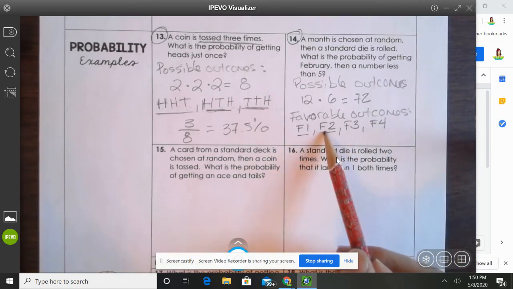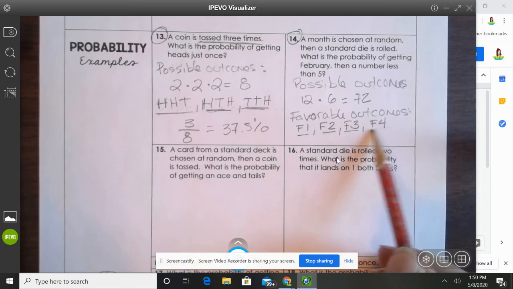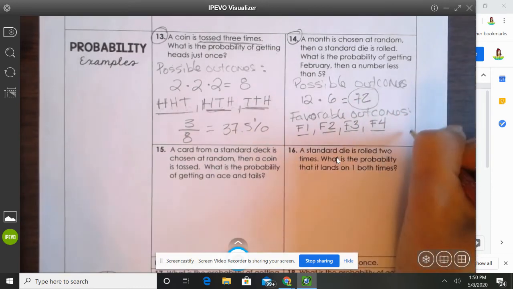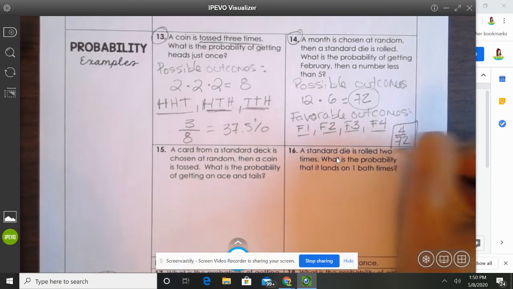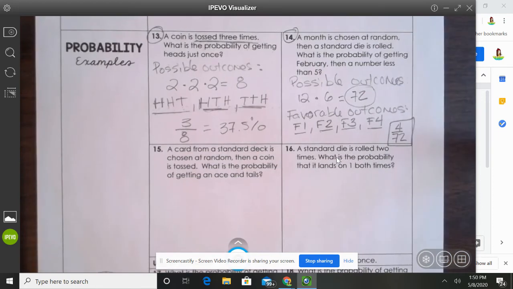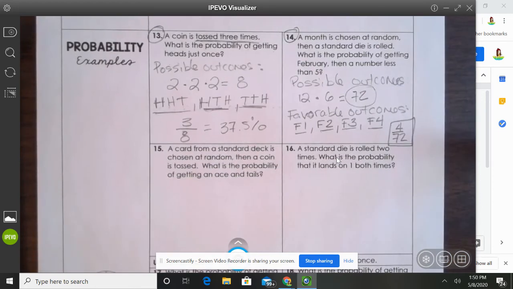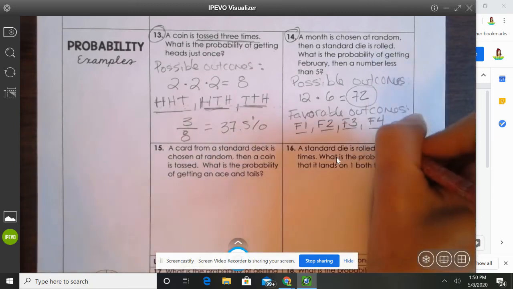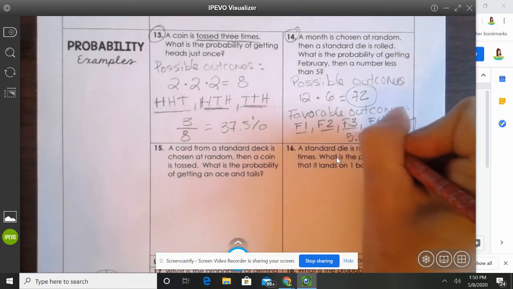We have 4 favorable outcomes over the total possible ones, so that would be 4 over 72. You can turn that into a percentage: 4 divided by 72 is about 0.056, times 100, which is 5.6%.